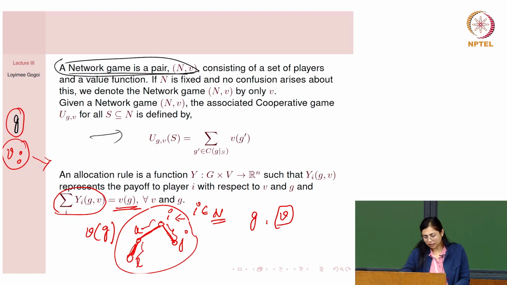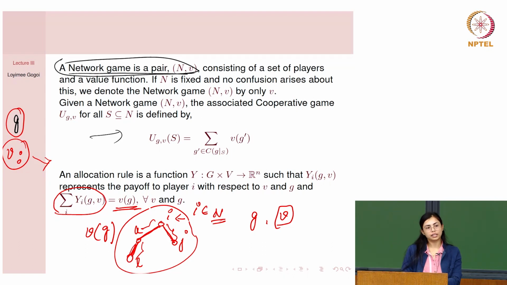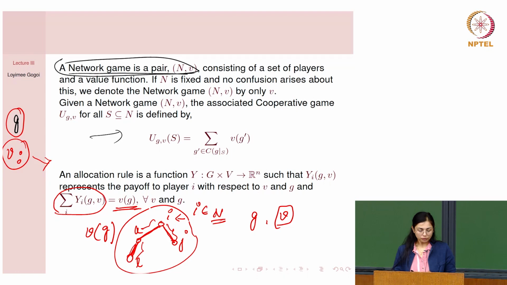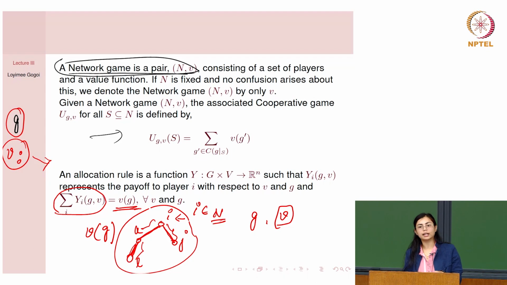And then eventually we have to allocate to the players. So once we allocate to the links, the allocation of the link between player I and J we can divide equally. That's a fair way. We are considering that they have equal contribution. In some cases, if they don't have equal contribution, we can do that differently, but first we consider equal contribution, which is why it's an equal division.